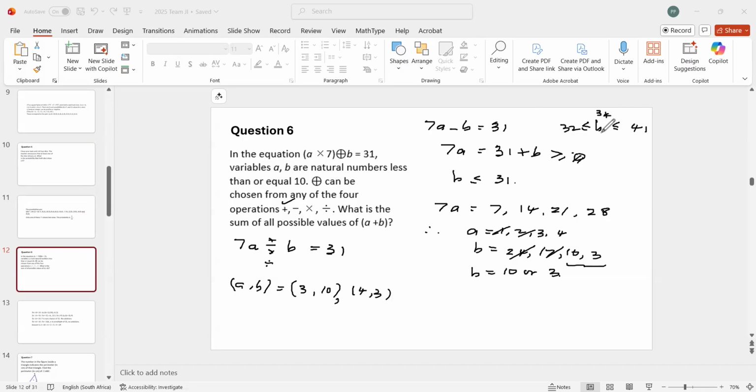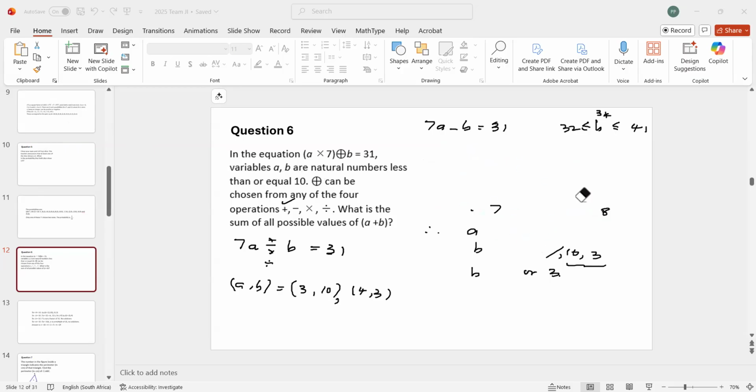So 31 plus B. Sorry, I'm really doing this thing badly. Let's just take all these things out. So you have, let's do all this all over again.